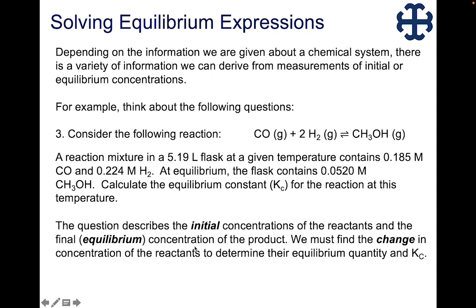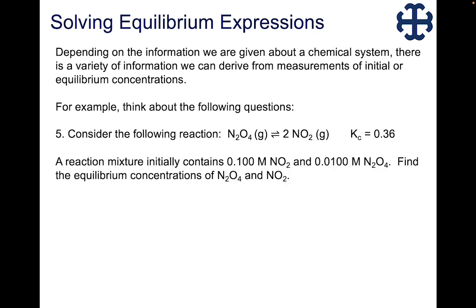And so what we need to do to solve this problem, or some missing information that we can get from what we are given, is we need to find the change in concentration of our reactants in order to determine ultimately our equilibrium quantity of what we have. And then, of course, this question asks us to find K, and so can we actually find that? I want you to think about that. We'll come back to that in a moment.